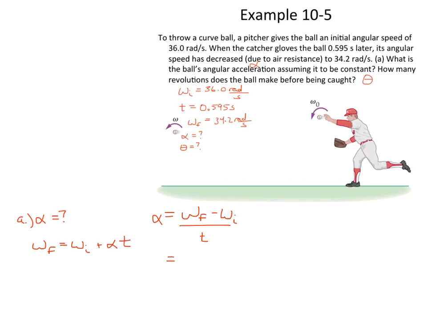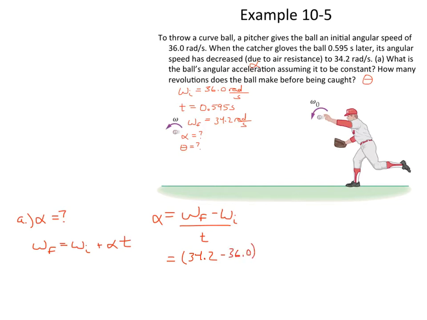By the way, are we going to predict this angular acceleration is going to be positive or negative? Assuming these initial angular velocities are positive, which they are, they're in the counterclockwise direction, if it's slowing down, then we should expect that acceleration is going to be negative. Let's try it out. Final angular velocity is 34.2 minus our initial, which is 36.